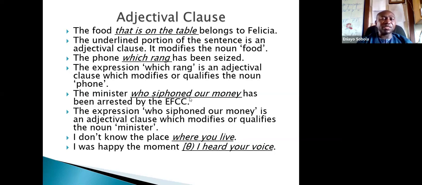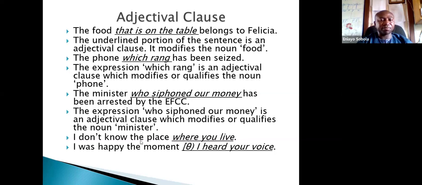Looking at it, who siphoned our money is a relative or adjectival clause, and that clause has its subject as who, siphoned. Then you realize that as a relative clause, it modifies the noun minister.